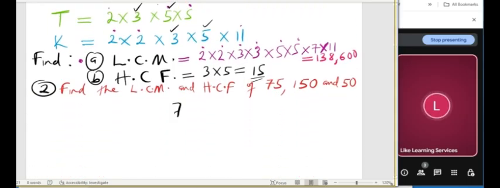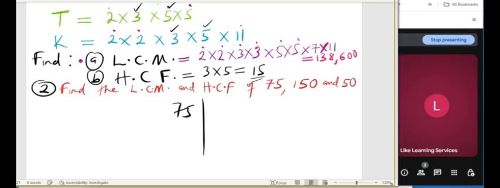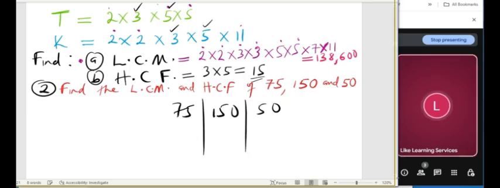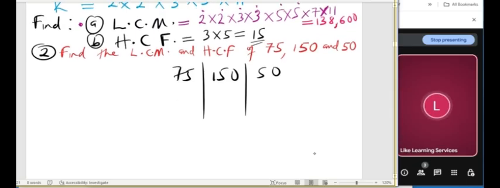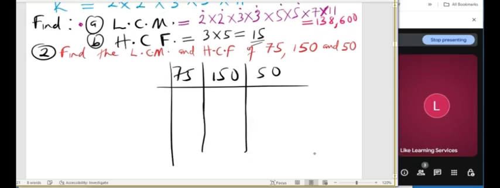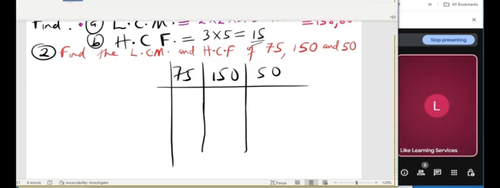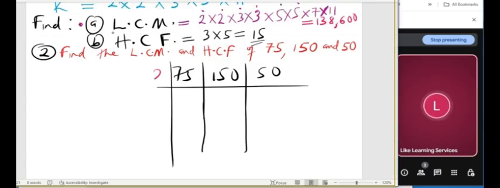Okay, so this one, use the long method: 75, 150, and 50. Did you use the shorter method, division? I think it's easier. Okay, so let's just pick it. Can 2 go? Yes, 2 can go. At least one can divide at least one of them. 75 cannot divide, so you bring it down. 150 divided by 2 is 75. 50 divided by 2 is 25.